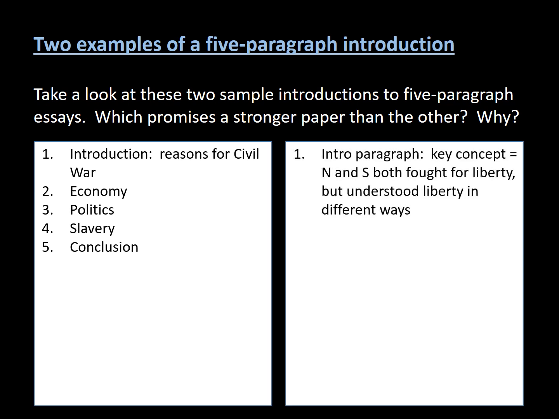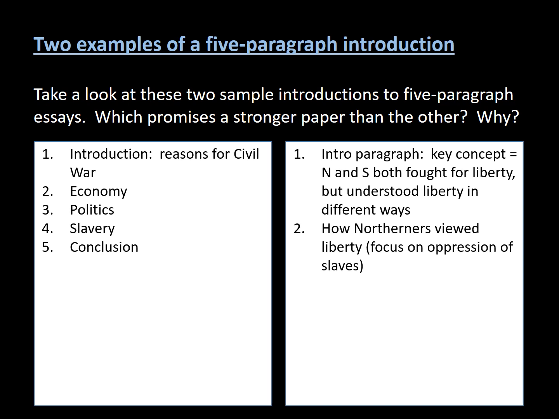So the intro paragraph introduces a clear and key concept: that the North and South both fought for liberty but understood liberty in different ways. Okay? And again, I invite you to go back and read closely these two paragraphs and see how the second one is giving us so much more than the first. And so one possible way of organizing this, I can imagine, would be this.